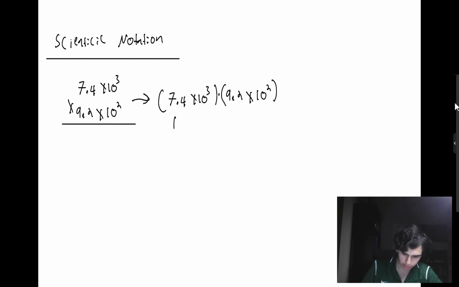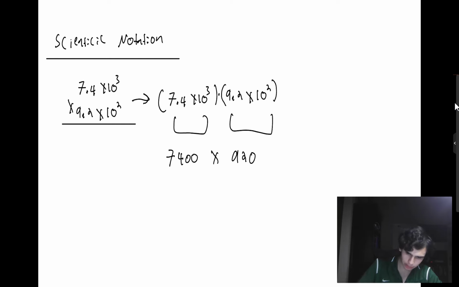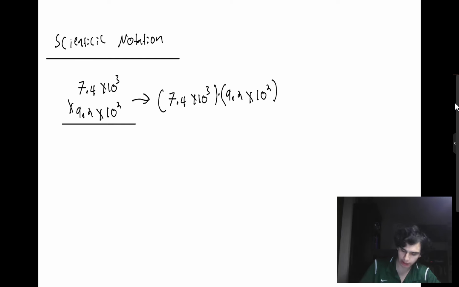Normally you would just convert this to 7,400 and then to 920 and then multiply them. Like normally you'd do that, but that's not the process that's taken by your computer. So we're going to emulate that using this.